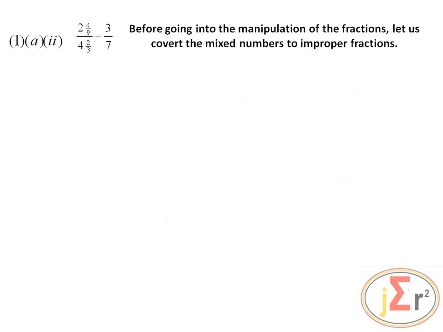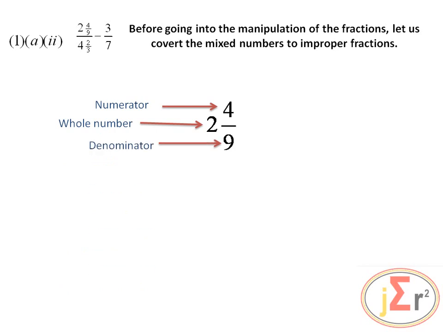Fractions. Before going into the manipulation of the fractions, let us convert the mixed numbers to improper fractions. Here's our first one. And for the first one, we are labeling the whole number part, the numerator, and the denominator.